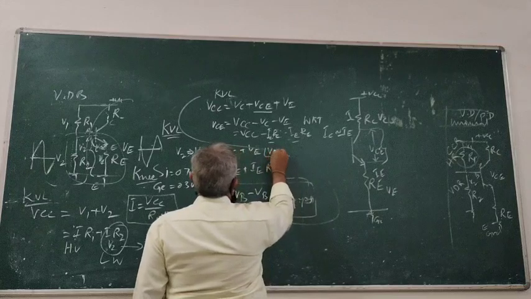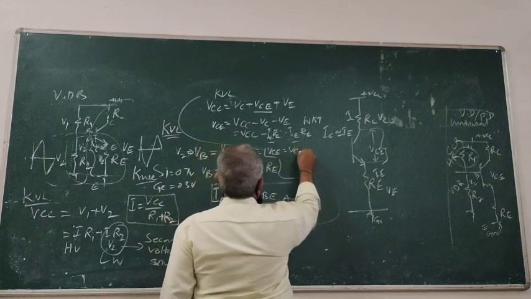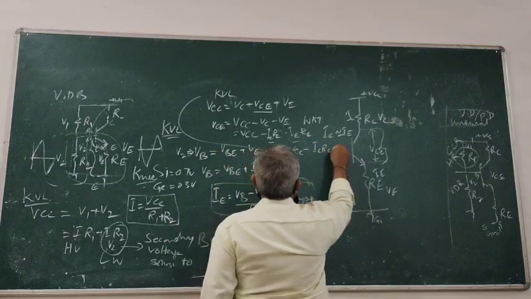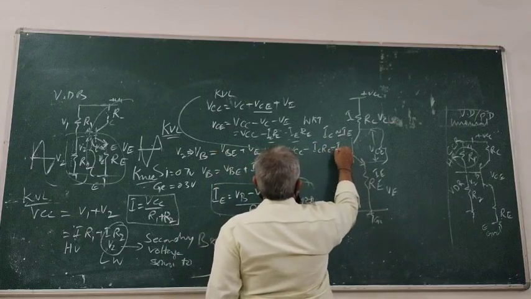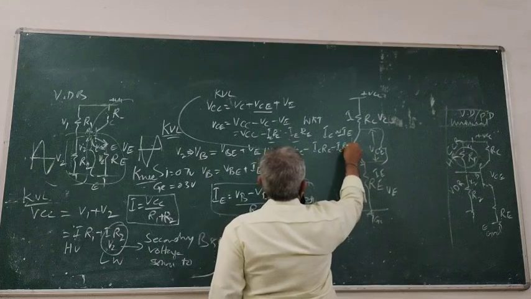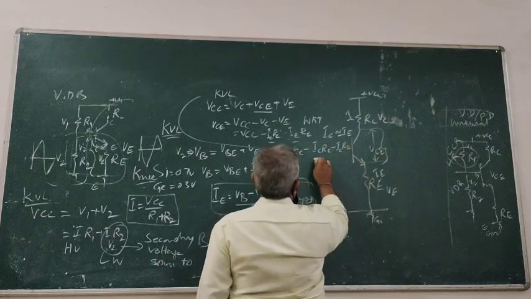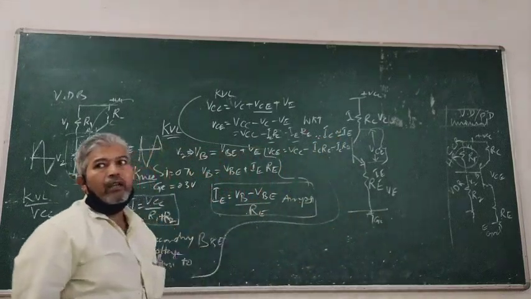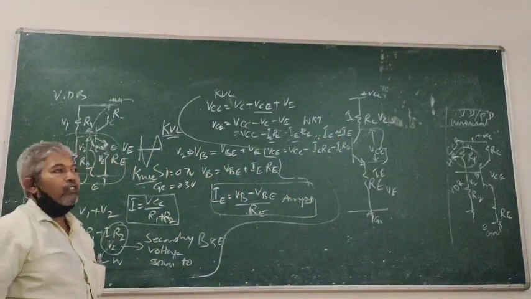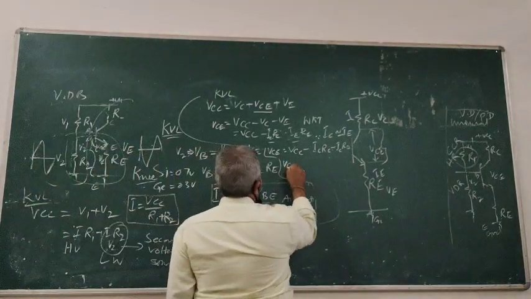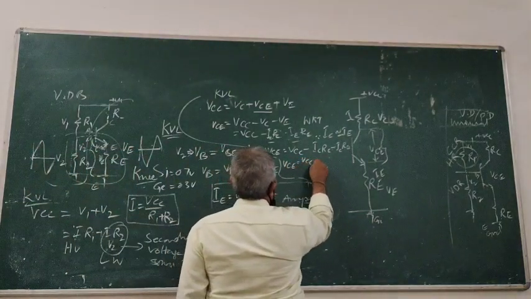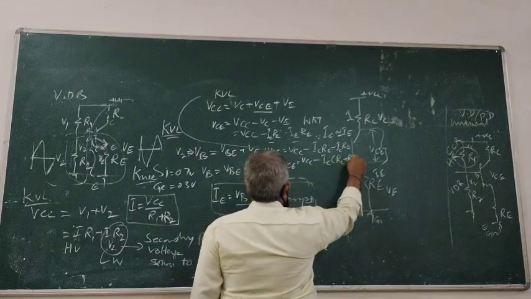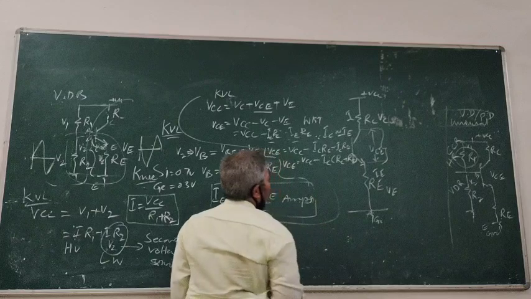So VCE is equal to VCC minus ICRC plus IC RE, because IC is nearly equal to IE. So VCE is equal to VCC minus IC times (RC plus RE), correct?